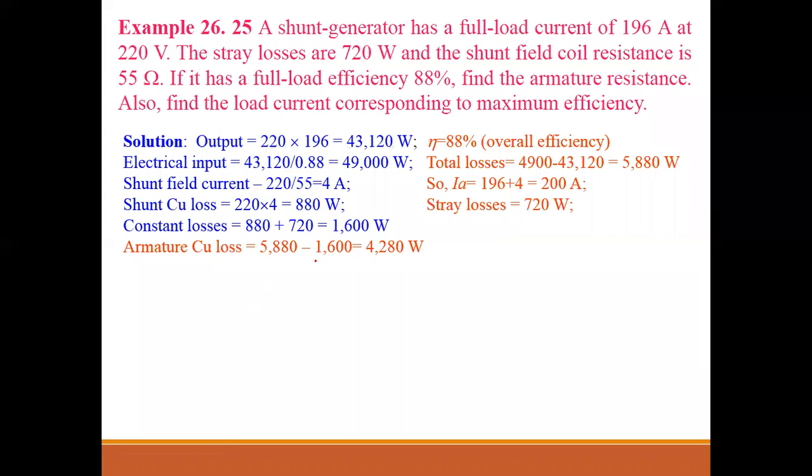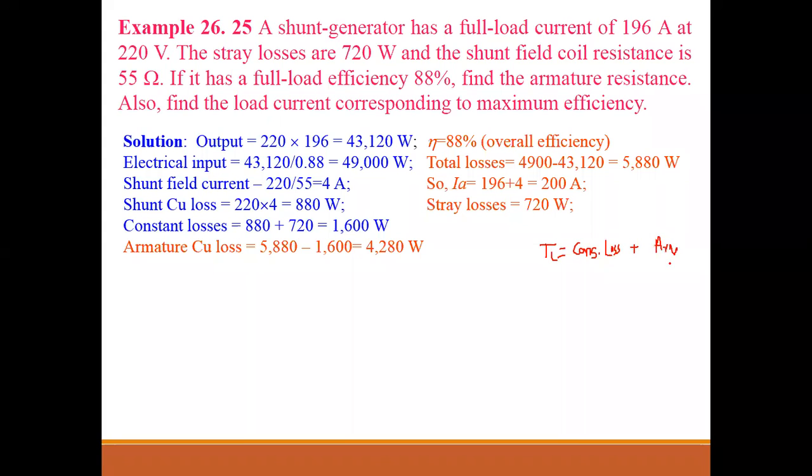Okay, now we'll go for the armature copper loss. How will we calculate it? We know that total losses is equal to constant losses plus armature copper losses.